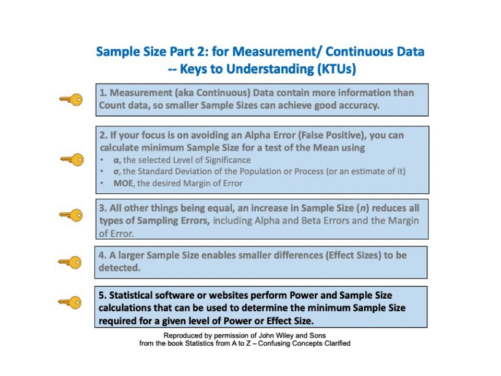The 5th and final key to understanding says, statistical software or websites perform power and sample size calculations that can be used to determine the minimum sample size required for a given level of power or effect size.